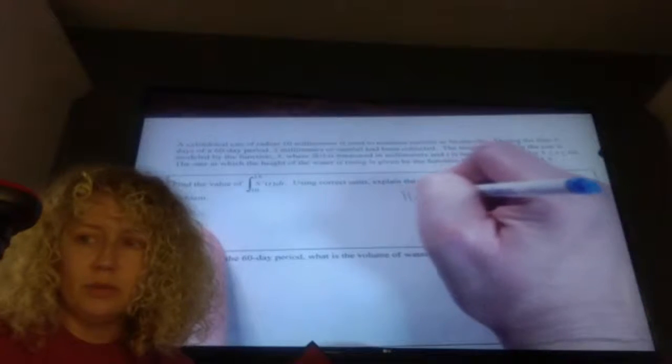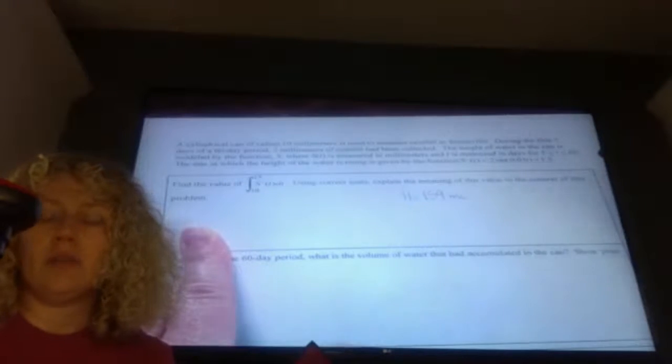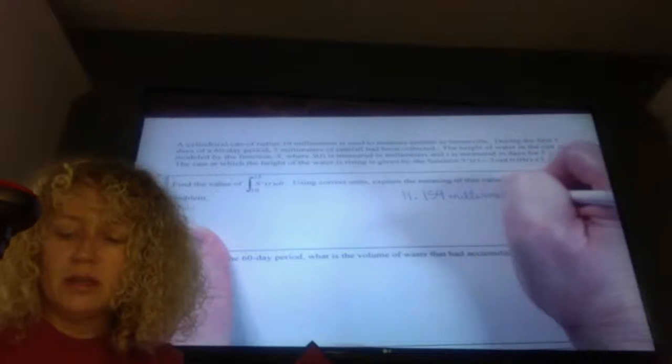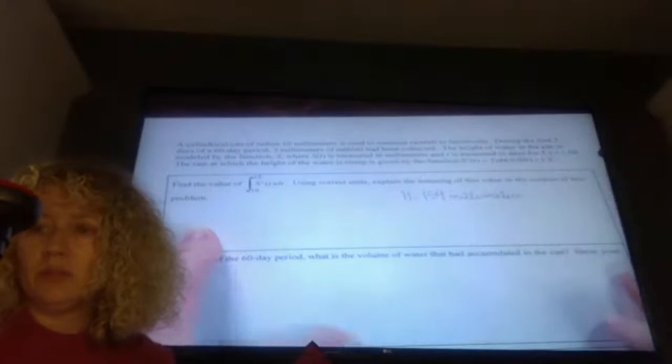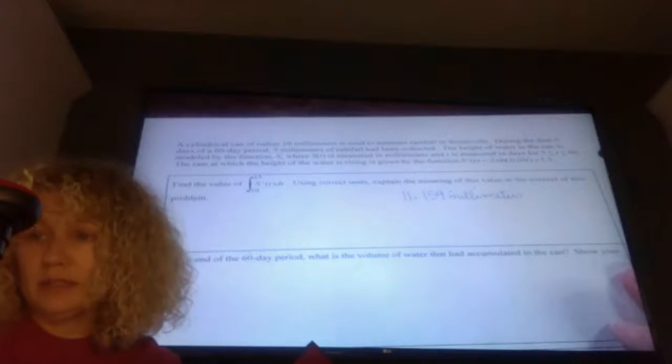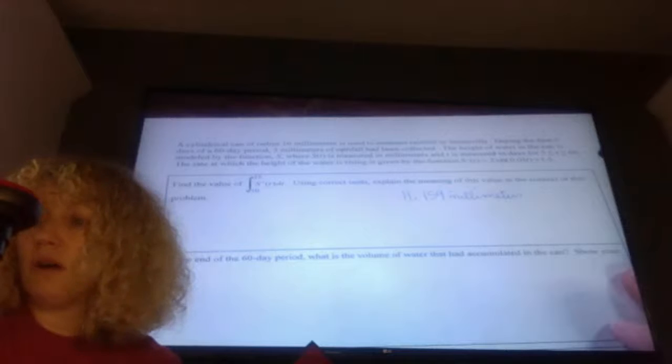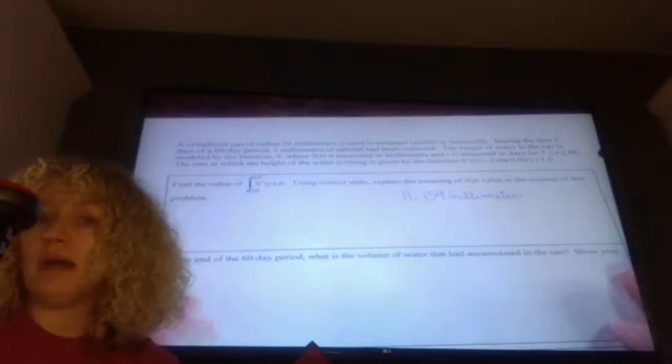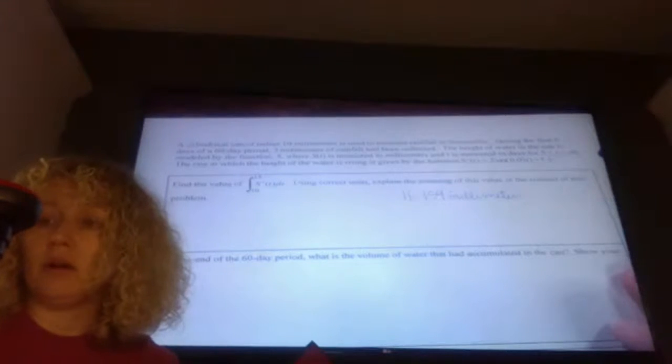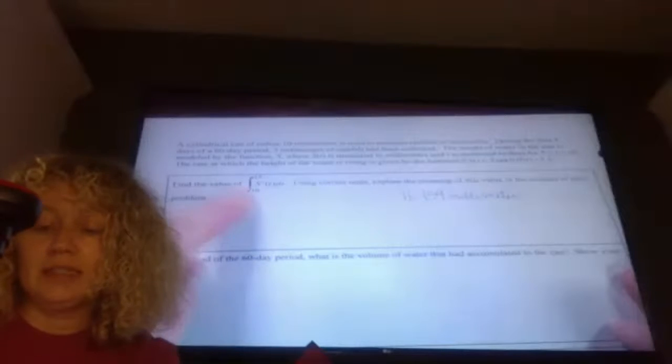I'm trying to keep this short because the further I get past 20 minutes on the videos, the longer it takes them to upload, by the way. That's why I'm trying to rush through at the end. And what that represents is the amount of increase in the height of the water level from T equals 10 to T equals 15 days.